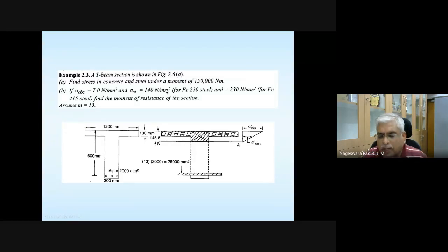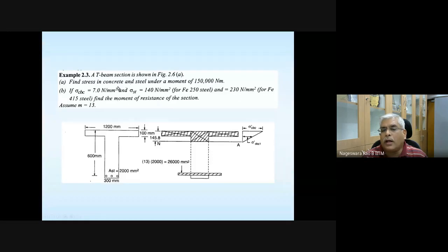Please note that in all the problems we are looking at, the analysis is done both with Fe250 as well as Fe415, to demonstrate the behavior, if at all there is a difference in behavior of the beam, and how that behavior is changing when I change the grade of steel. That is the intention of doing this. So permissible stress in steel, for Fe250 steel it is 140 Newton per mm square, and for Fe415 steel it is 230 Newton per mm square.